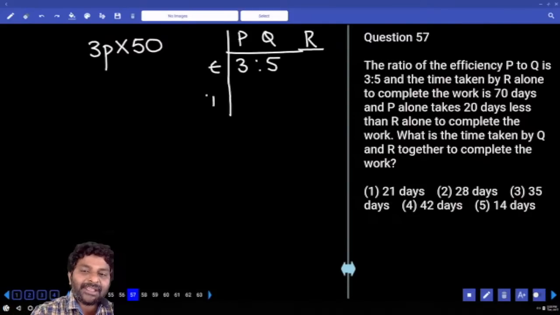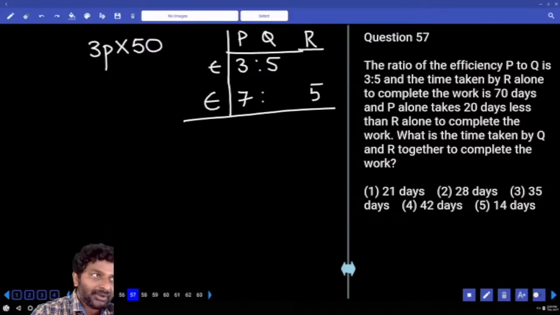What is the time taken by R to complete the work? 70. Then P, what is the time ratio between P to R? 5:2. Then the efficiency ratio between P and R, 7:5. Correct? Are you getting?